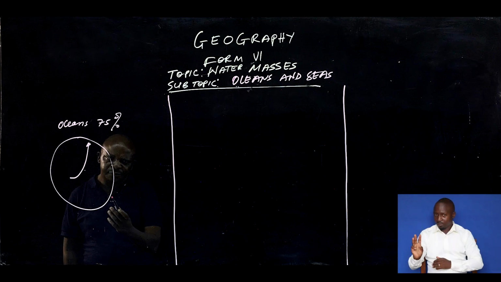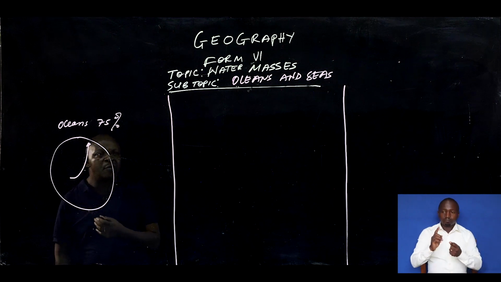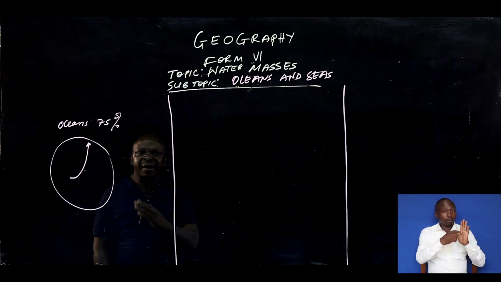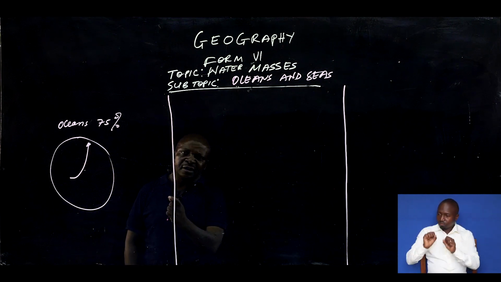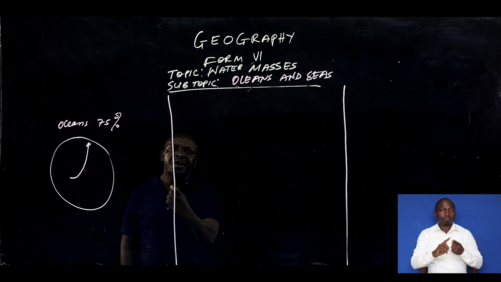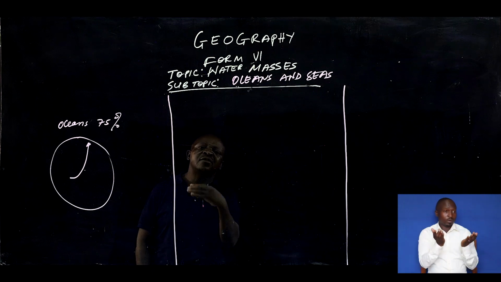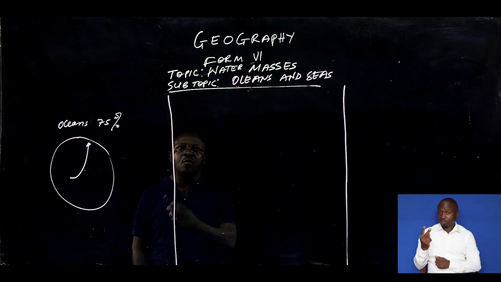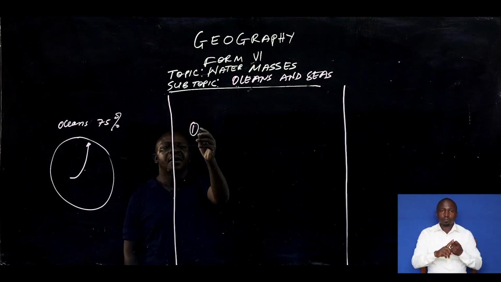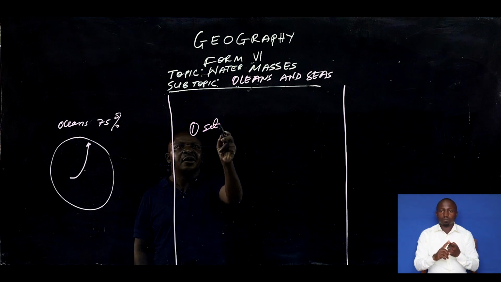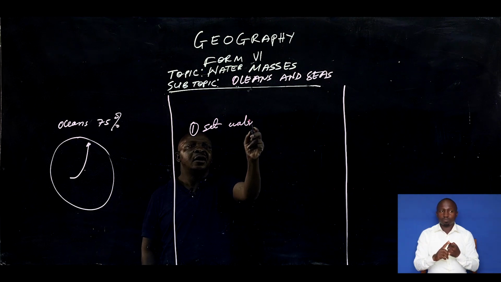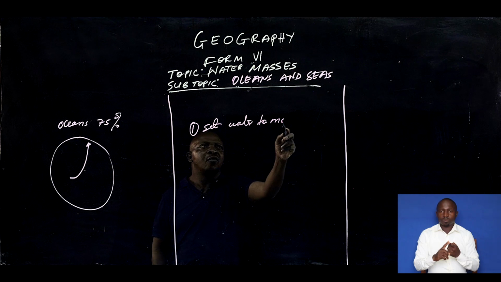My dear students, regarding elaboration of the points, we are directed to understand that global windy systems do two things pertaining to ocean currents. One, set water to move.